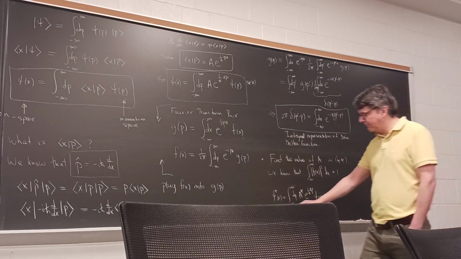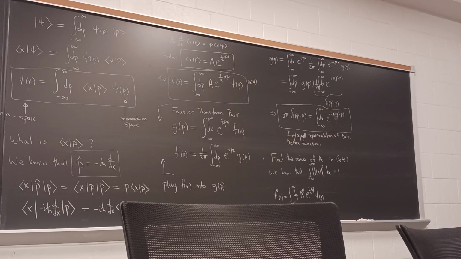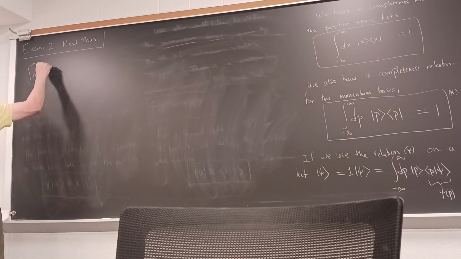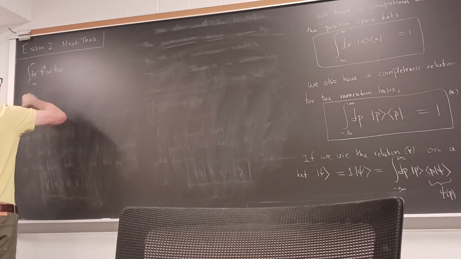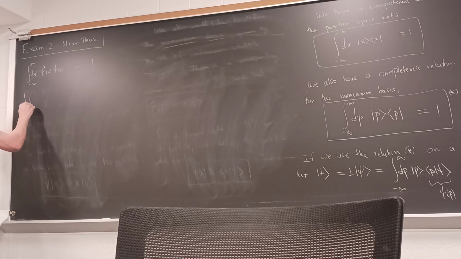Okay, and then we can, so I'm going to write down the normalization condition, integral over dx of psi star of x, psi of x equals 1. So let's write it down. We'll have the integral over dx.